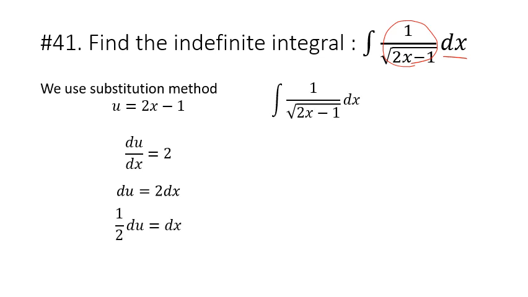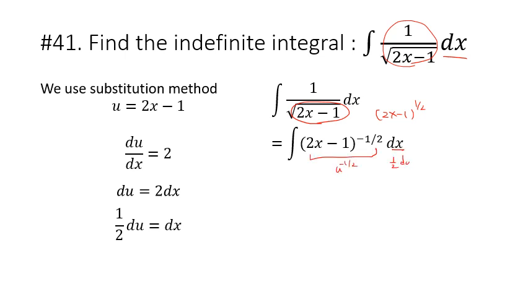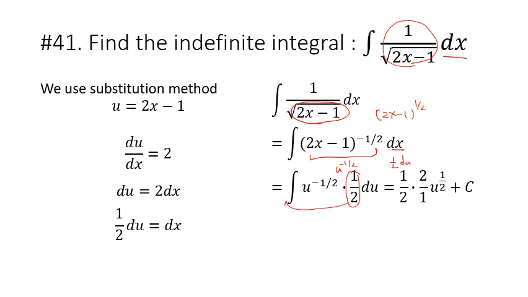So in this equation, the square root is 2x minus 1 to the 1/2 power, but this is in the denominator, so putting it in the numerator, it becomes 2x minus 1 to the negative 1/2. So this becomes u to the negative 1/2. This one is 1/2 du. I change the x terms to u terms. So it looks like this. 1/2 is a constant, so we can take it out.